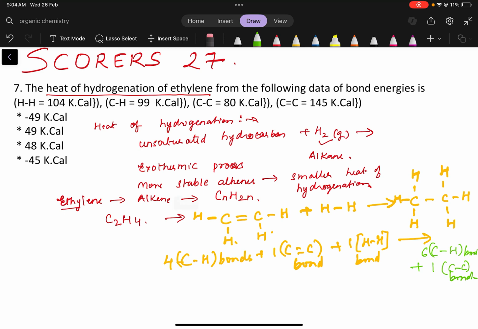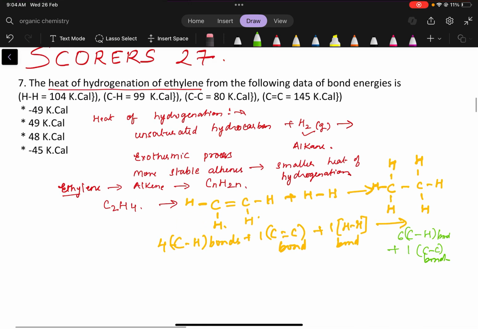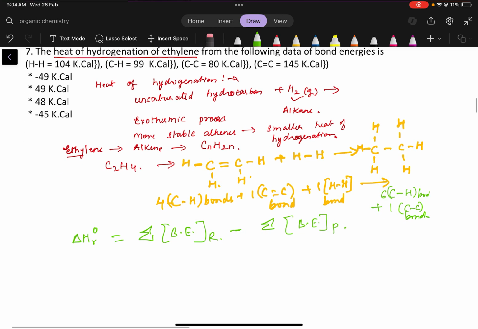As you know, the heat of hydrogenation is equal to the sum of bond energy of reactants minus sum of bond energy of products.